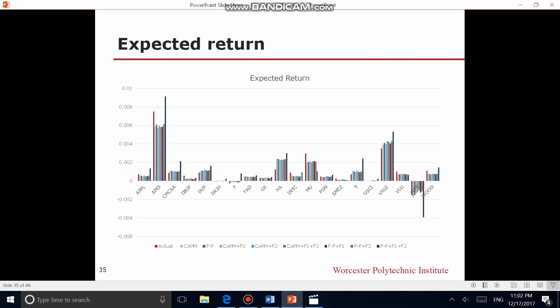And F4 is a special case because it has positive FF return as well as FF plus F1 and F2, but for all other predictions it is negative.